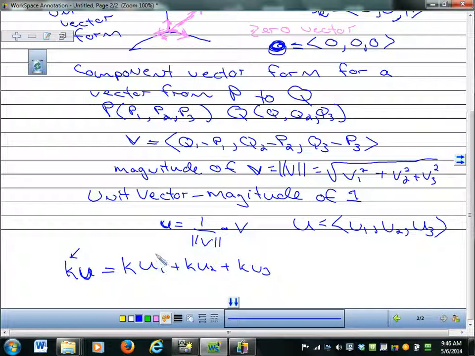So let's do a couple examples. Do you want to write that down, or are we done? Can I move on? Right, next page. I always get confused between component form and standard form.